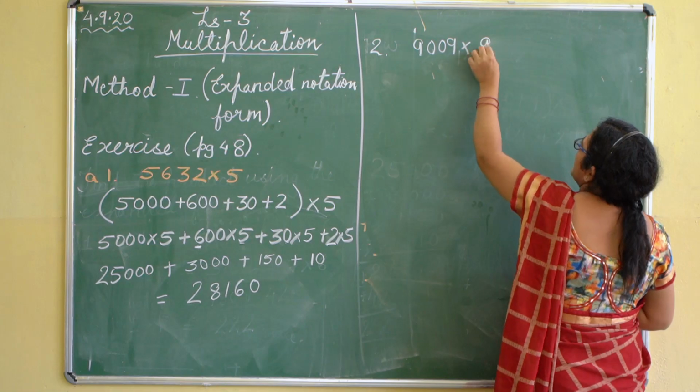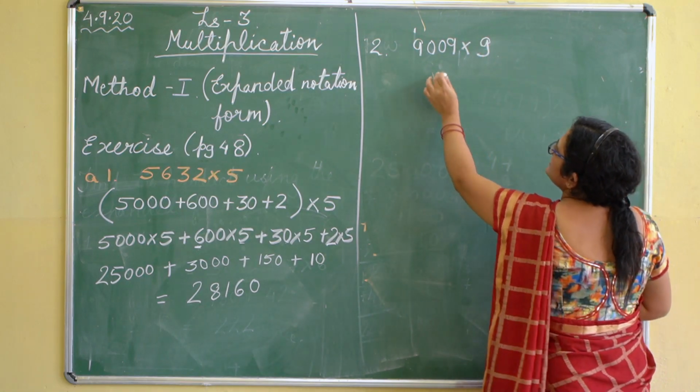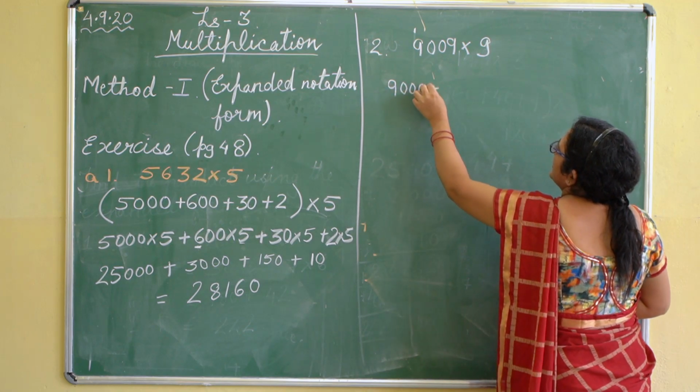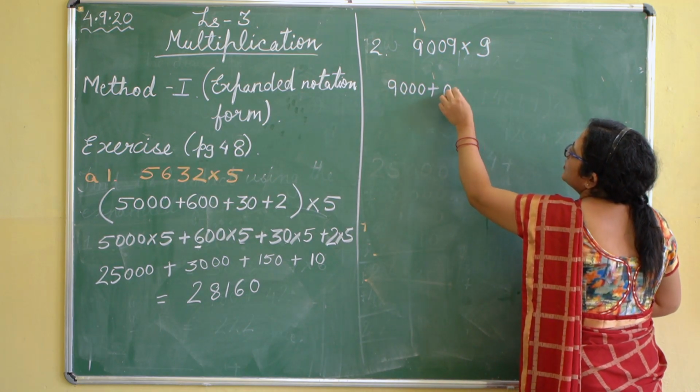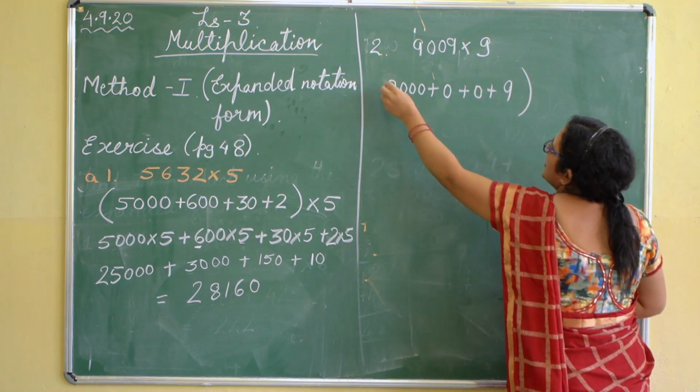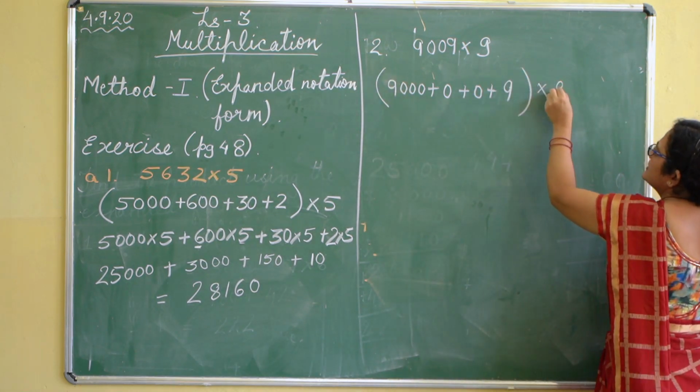9000 multiplied by 9. Same way we break this number in expanded form: 9,000 plus 0 plus 0 plus 9, multiplied by 9.